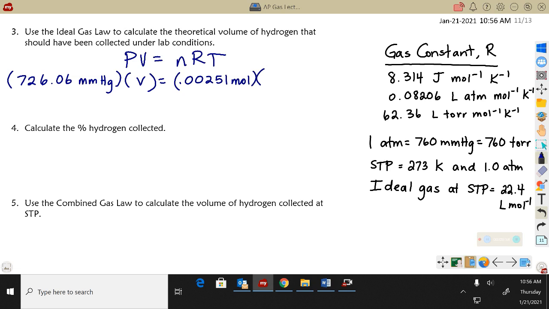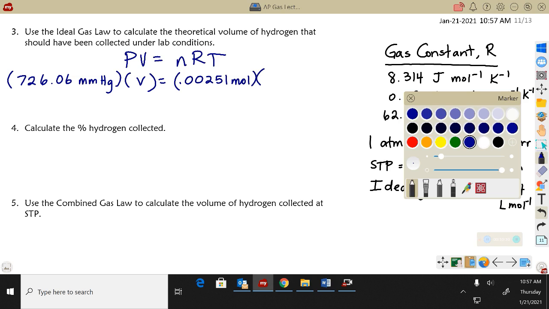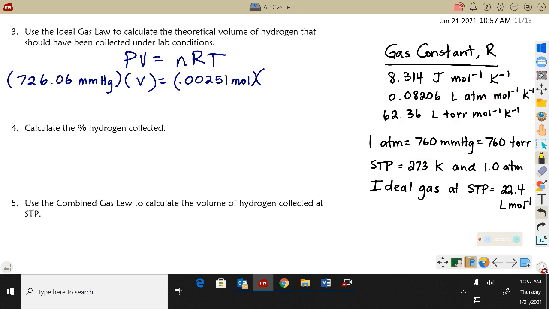R is your gas constant, and it's in the AP equation packet. There's a section on gases, liquids, and solutions, and you'll find all of this information, as well as other equations. So sometimes people get a little tripped up on choosing the right version of R, the gas constant. I'm going to tell you this right now, that for gas laws, we will not be using this one.